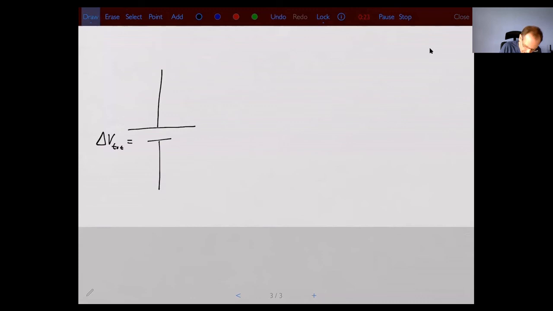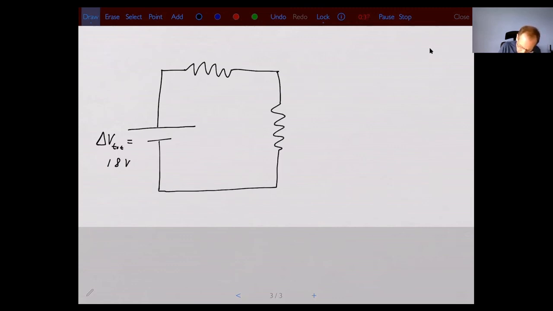This is going to be 18 volts. Then you're going to have a resistor here, and then 3 resistors in parallel. So one there, one there, and then one here.